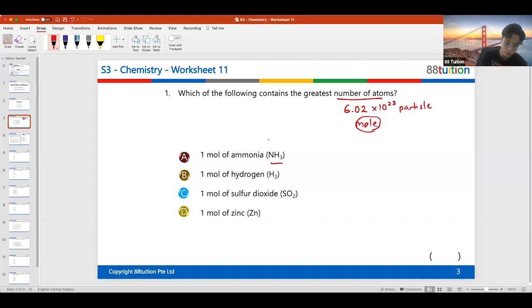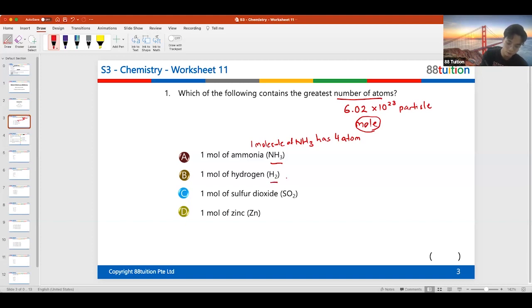Okay, which means that for each molecule of ammonia, one molecule of NH3 has 4 atoms because 1 nitrogen and 3 hydrogen.